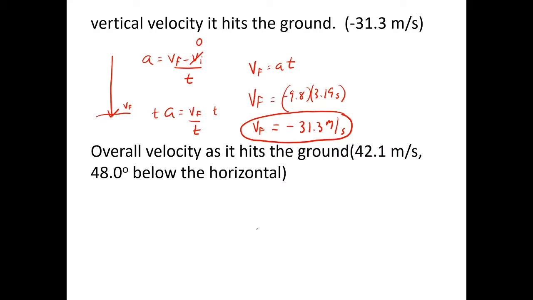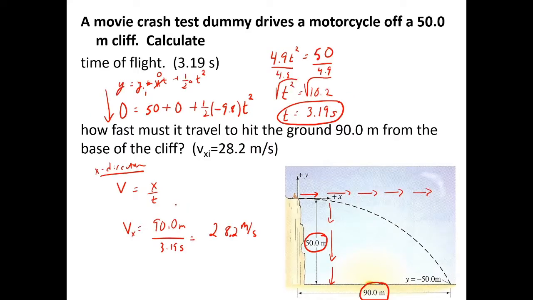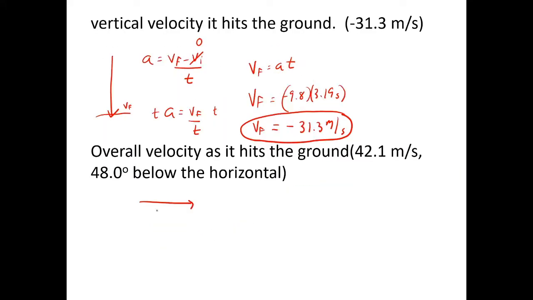Now we've got to figure out the overall velocity when it hits the ground. That's a little bit trickier. It's not going to hit the ground straight down or straight up. So it's going to be moving at 28.2 meters per second in the x direction, but it's also going to be going down negative 31.3 meters per second.